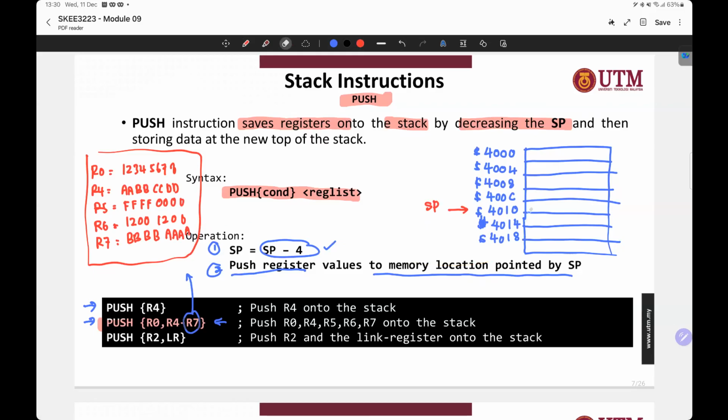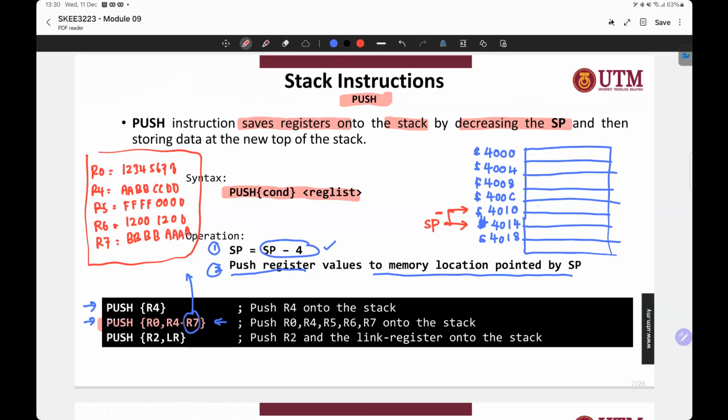So now this is the new stack pointer, pointing to address 4010. I put it this way so that you can see the difference. It is decremented, and now it points to 4010. So at 4010, what value will be stored? Is it R0, R4, R5, R6, or R7?